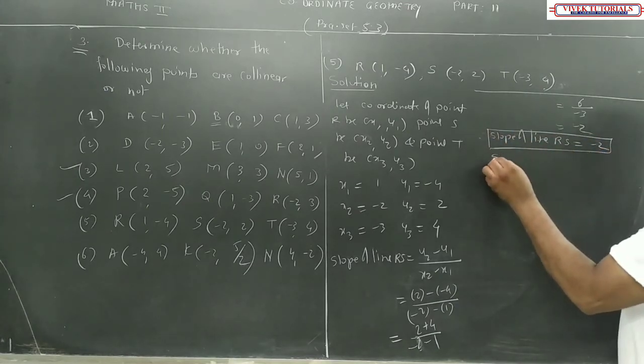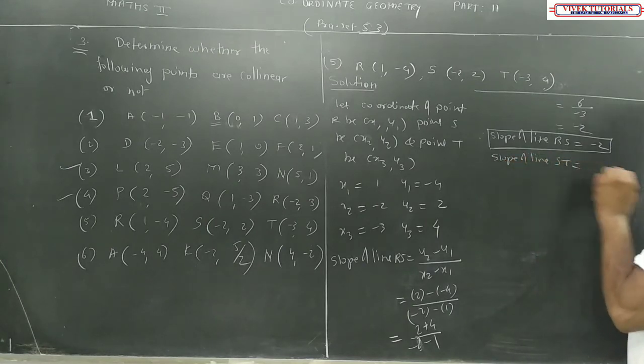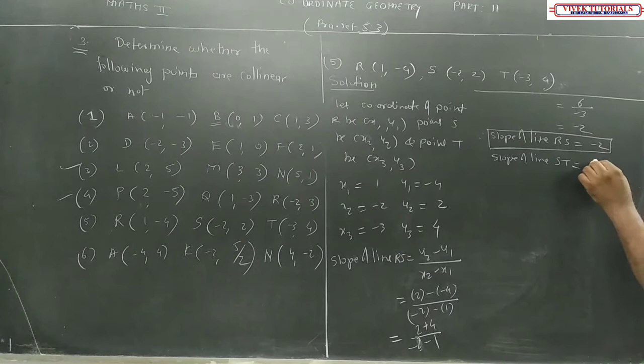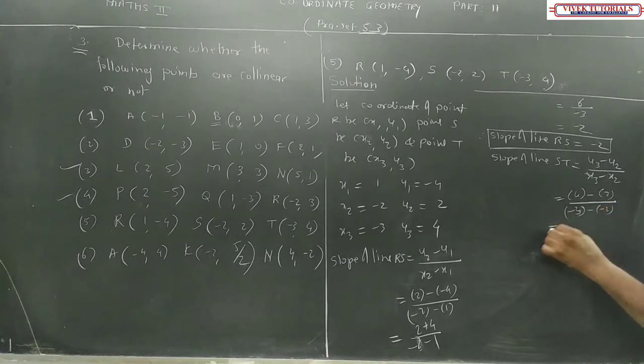Then the slope of line ST is equal to (y3 - y2) upon (x3 - x2). y3 is 4 minus 2 upon x3 is -3 minus 2.